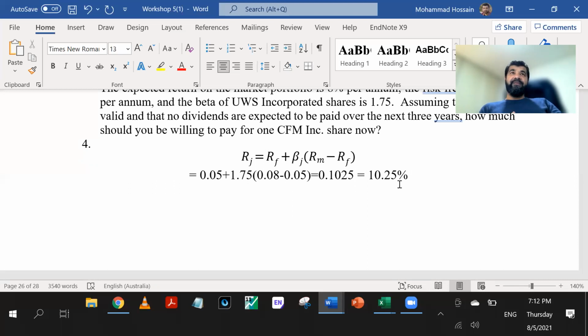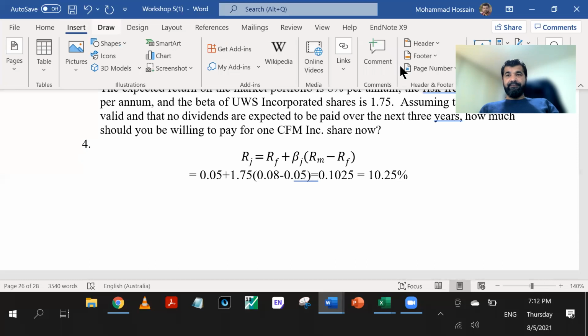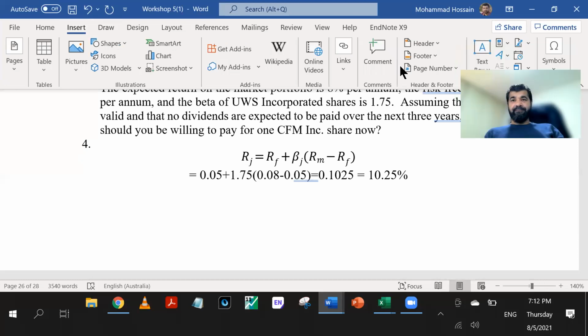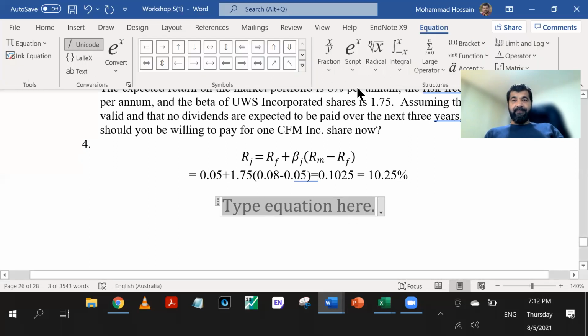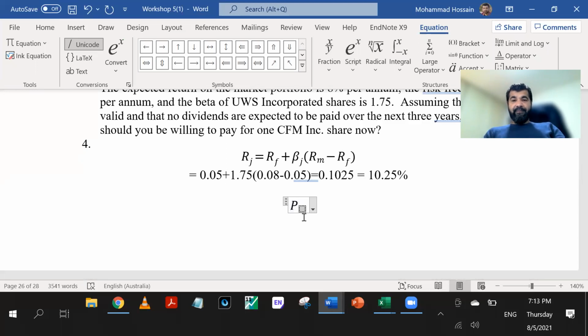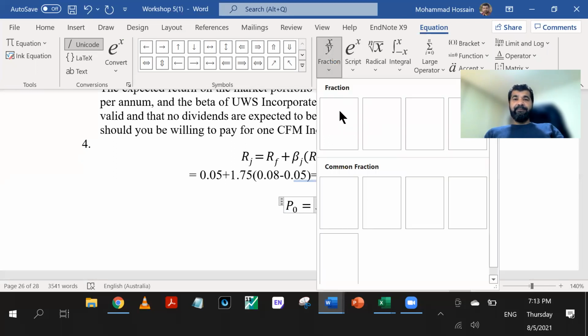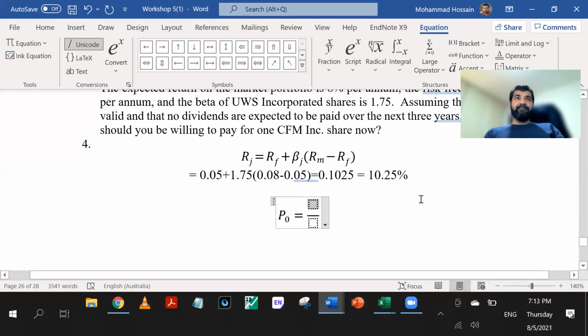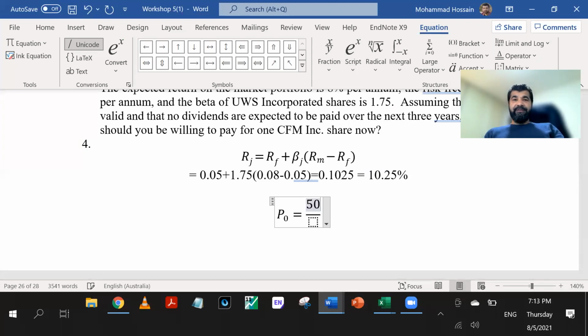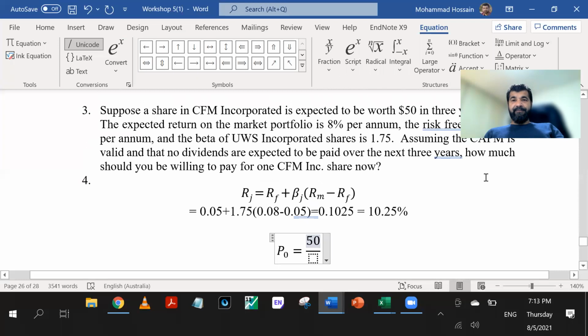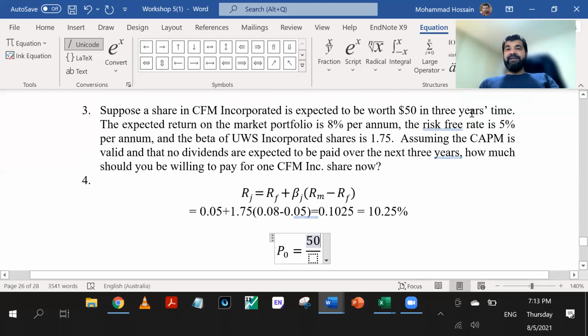How much should you be willing to pay? P0 is equal to $50 in 3 years' time, right?